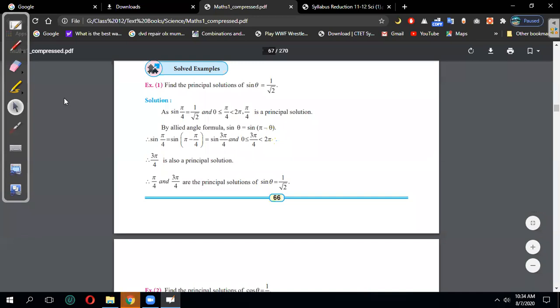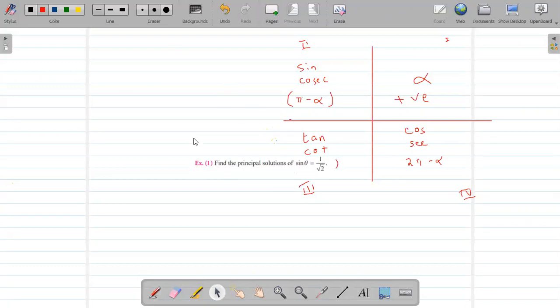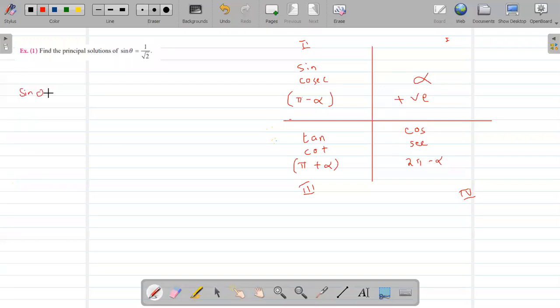For example, the very first question says find the principal solution of sine theta is equal to 1 upon root 2. So tell me, do you know the ratio table?